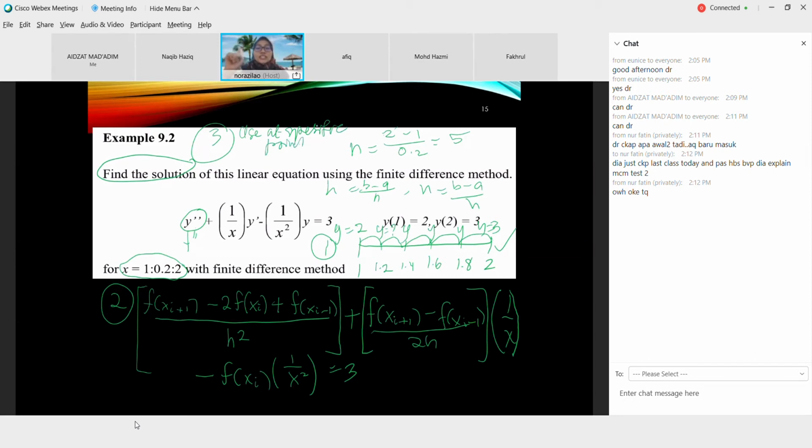Okay, so start at 1.2, for example. So when you start at 1.2, your 1.2 is actually your I point. Okay, so you need to develop one by one the modeling equation.